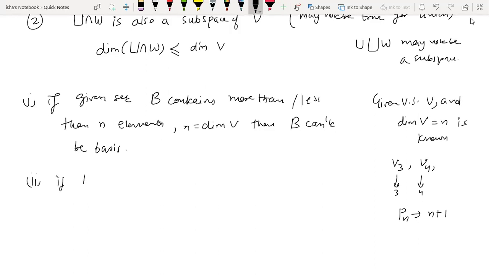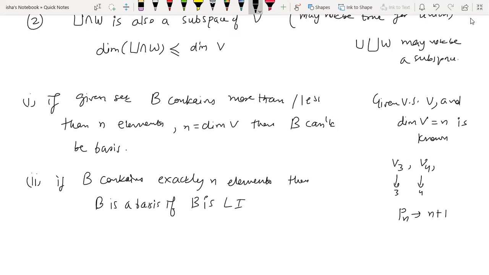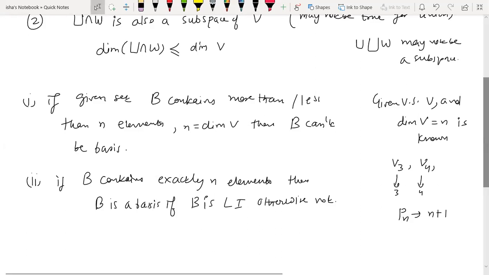And if B contains exactly n elements, then B is a basis if B is linearly independent, otherwise not. So when the number matches the dimension, we cannot directly say it is a basis. We have to check the condition that the set should be linearly independent. Okay, so that's all the summary which we have done so far.